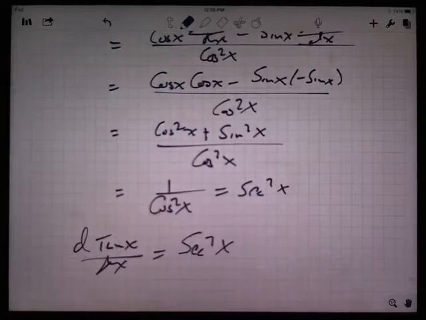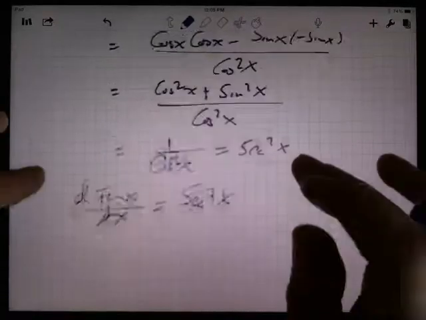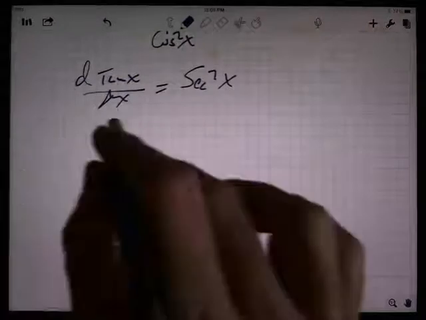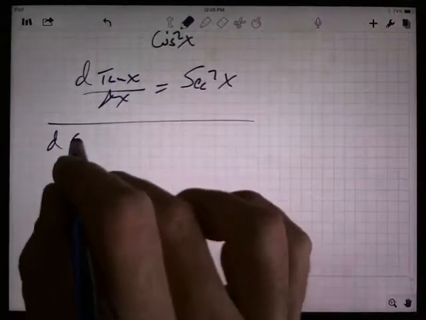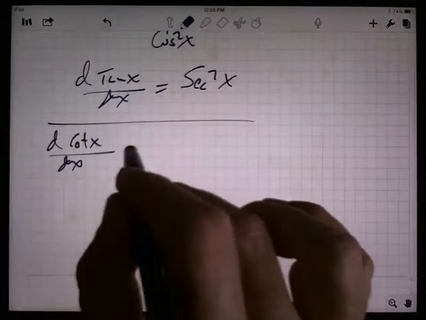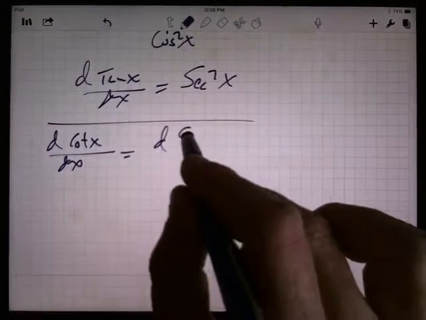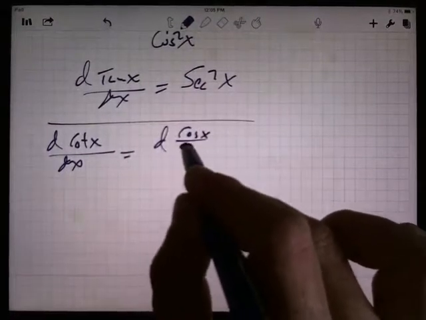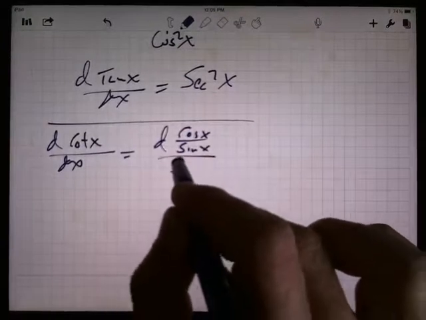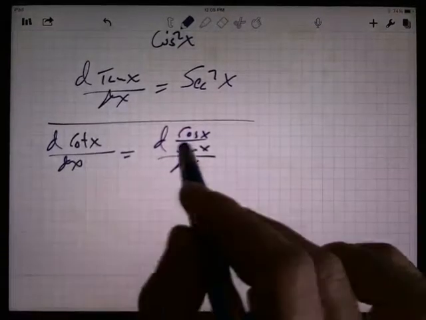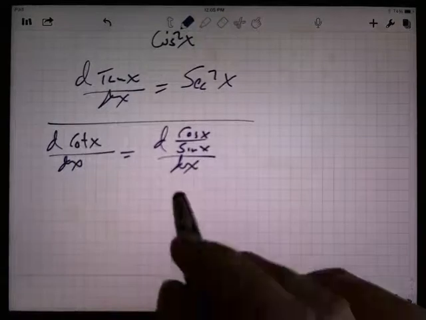Okay. All right, let's do the cotangent because that's very similar. If I want the derivative of the cotangent x, cotangent is the cosine of x divided by the sine of x. So to take the derivative of the cotangent, I'm going to take the derivative of this quotient.